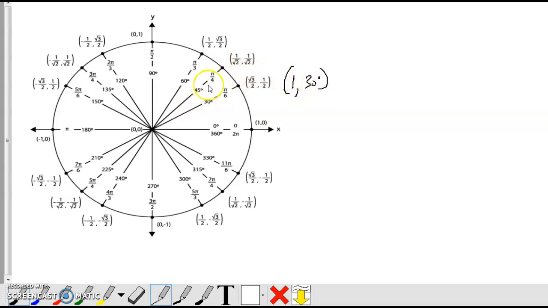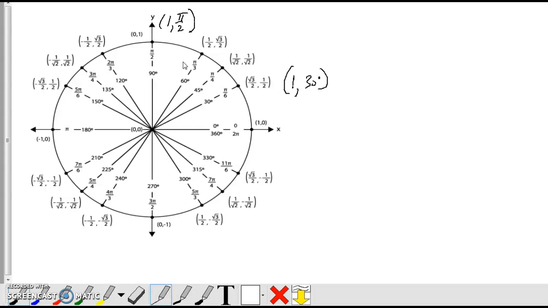This would be 1 and 45 degrees. This would be 1, 60 degrees. Or again, we can switch to radians. So this would be 1 comma pi over 2. So if we can remember that we've already started thinking about polar coordinates when we first started to use our unit circle, this section will be a little bit easier.